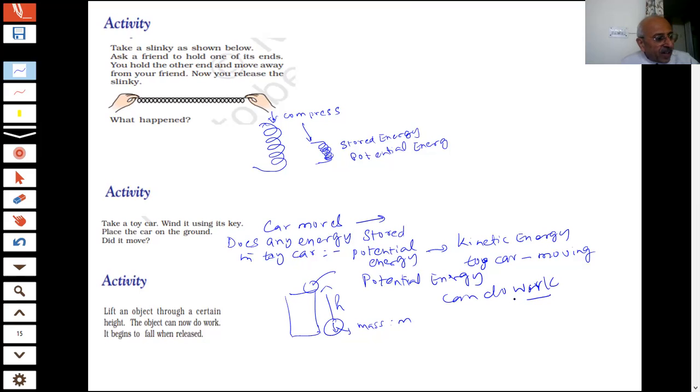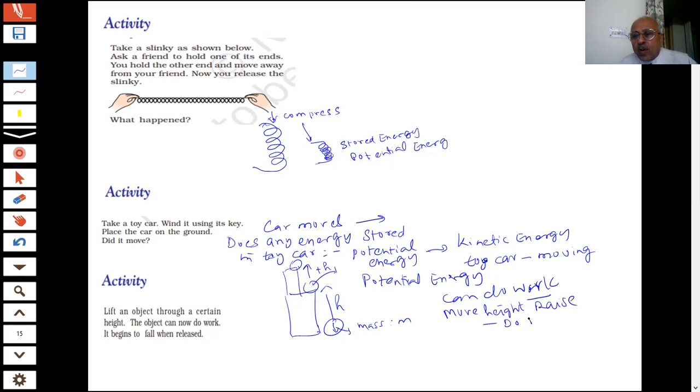If raised to a greater height, it can do more work and possesses more energy, students. If I raise it to a greater height, from here to h plus h1 supposing, then it will do more work.